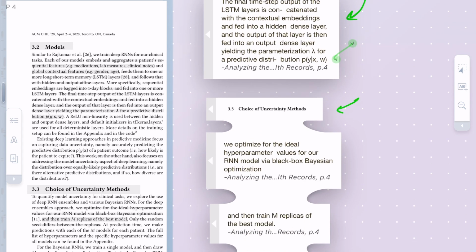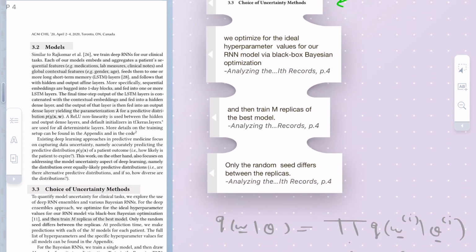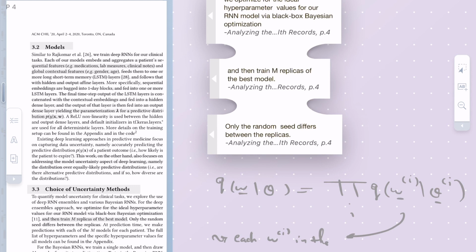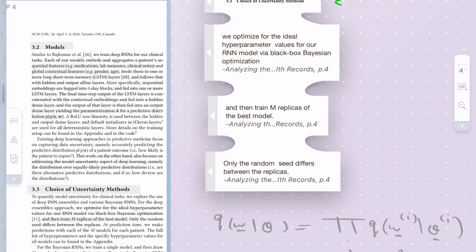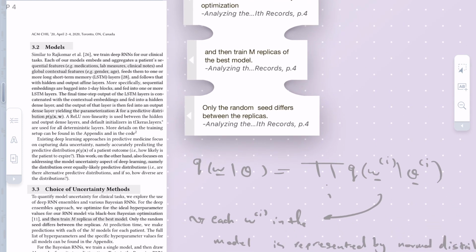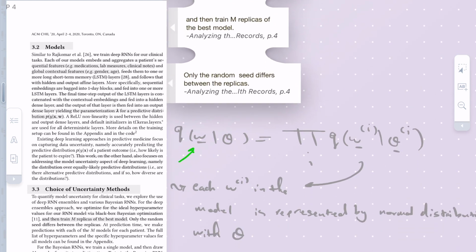Now let's go over the choice of uncertainty models. For the case of the ensemble, they train M replicas. For the Bayesian RNN, they take the variational inference approach and use factorized weight posteriors.